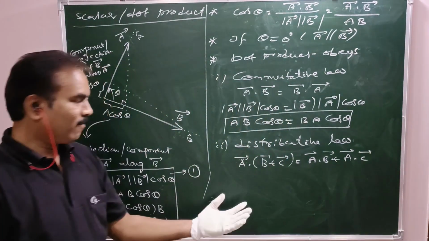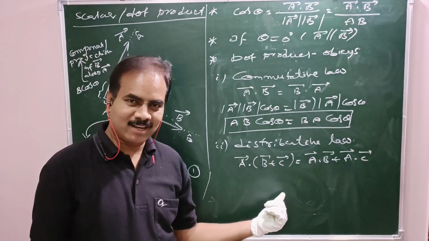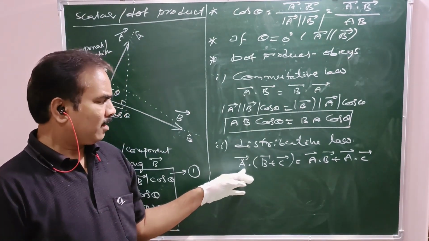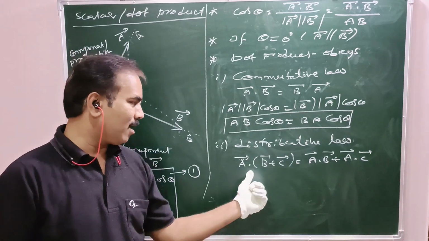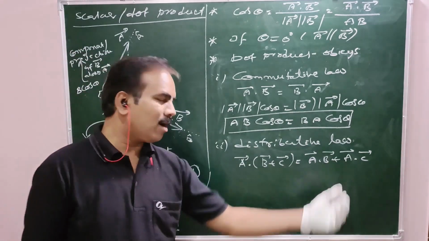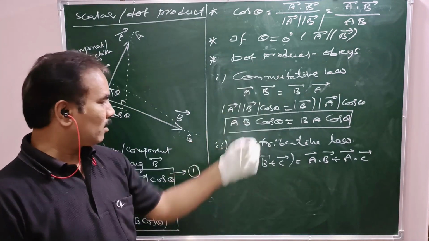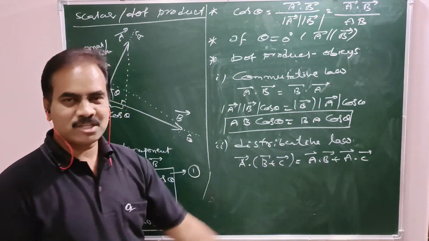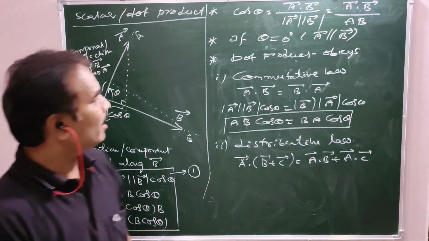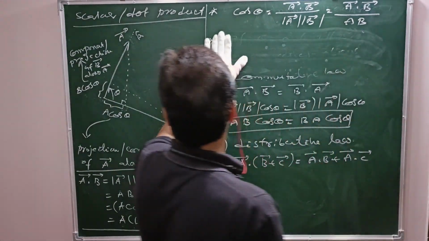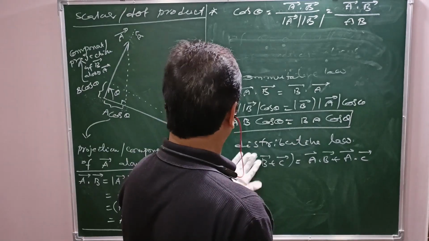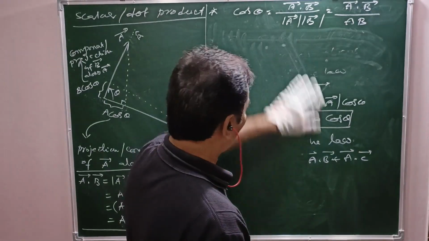If a bar, b bar and c bar are three vectors, then a bar dot (b bar plus c bar) equals a bar dot b bar plus a bar dot c bar. Means the dot product obeys the distributive law over addition.